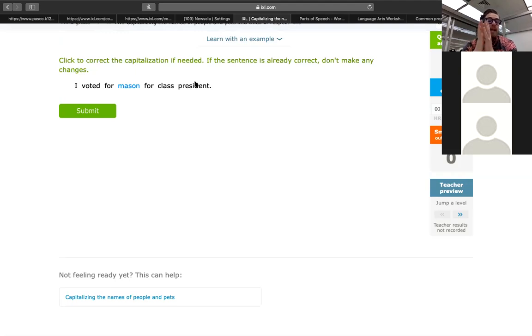So we're looking at names. I is capitalized because you always capitalize I, and it's the first word of the sentence. What about Mason? I voted for Mason for class president. Mason needs to be capitalized. President is not because we didn't say President so-and-so.